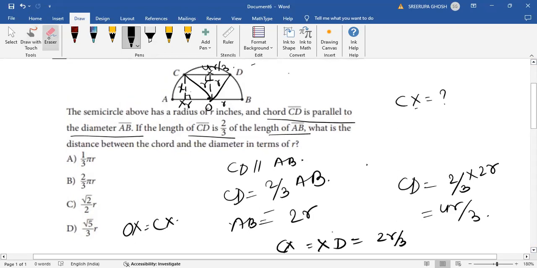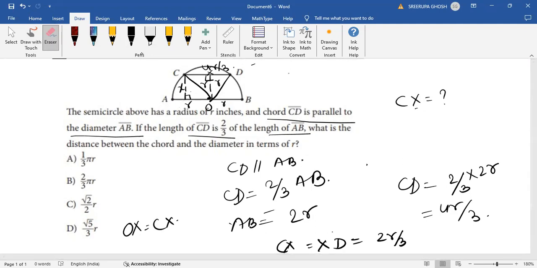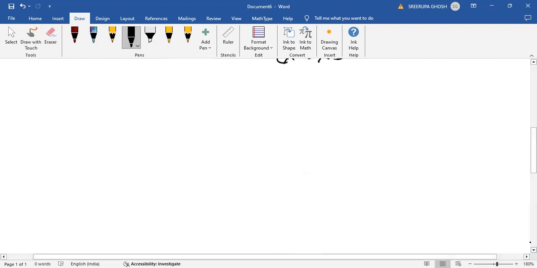Talking about this portion. If I can draw it in a better way, it is something like this, right?